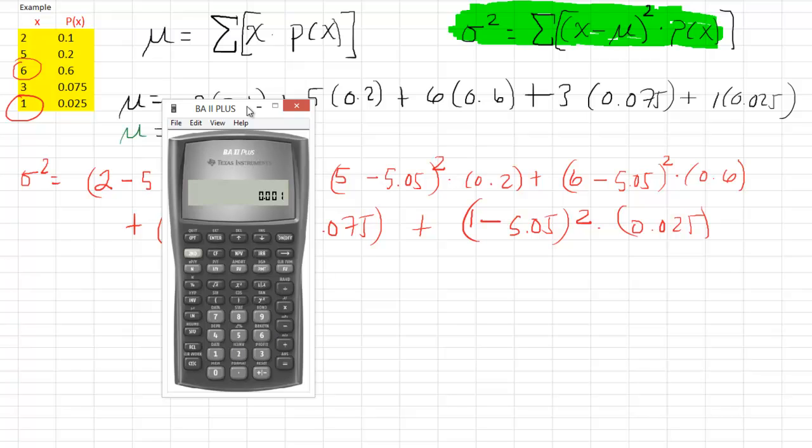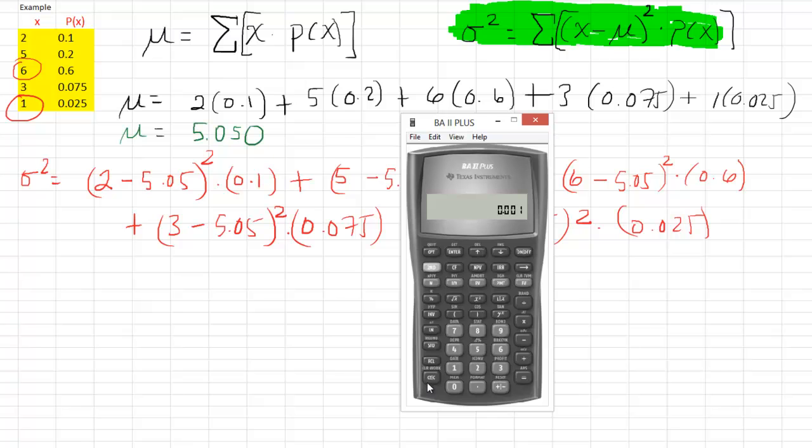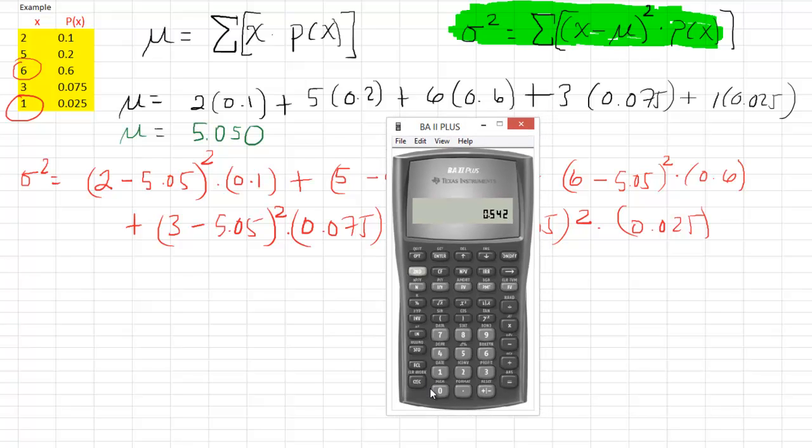The next one, 6 minus 5.05 equals, squared, times 0.6 equals, store 3. The next one, this one here, 3 minus 5.05 equals, squared, times 0.075 equals, store 4.